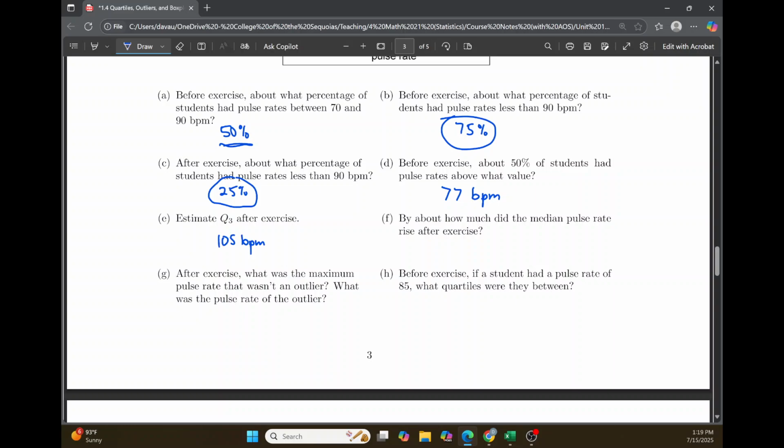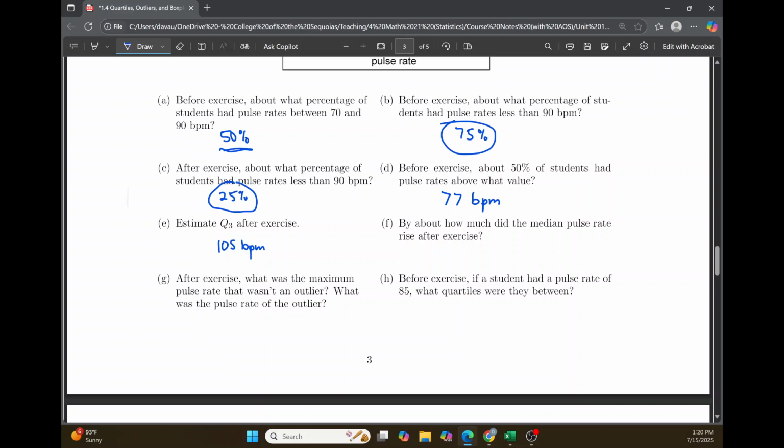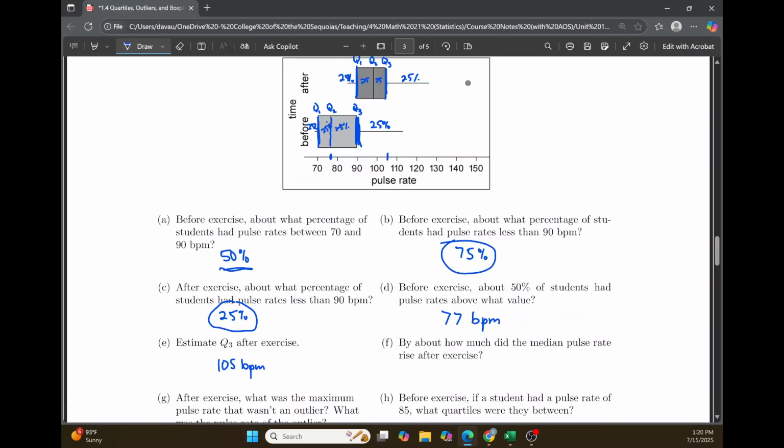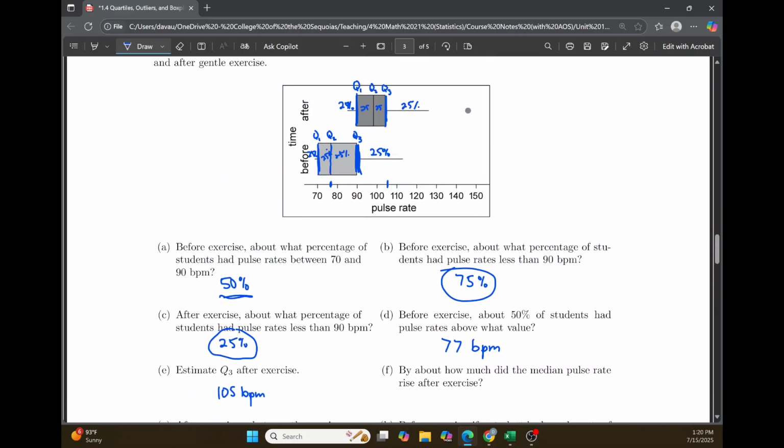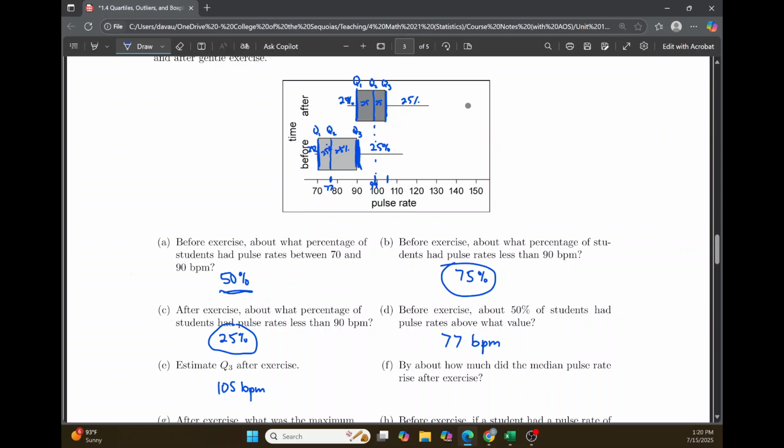Part F, by how much did the median pulse rate rise after exercise? The median pulse rate. Well, we just said the median before exercise was about 77. The median after exercise is, well, that looks to be about 100, maybe a little less, like 99 or something. So by how much did the median pulse rate rise?